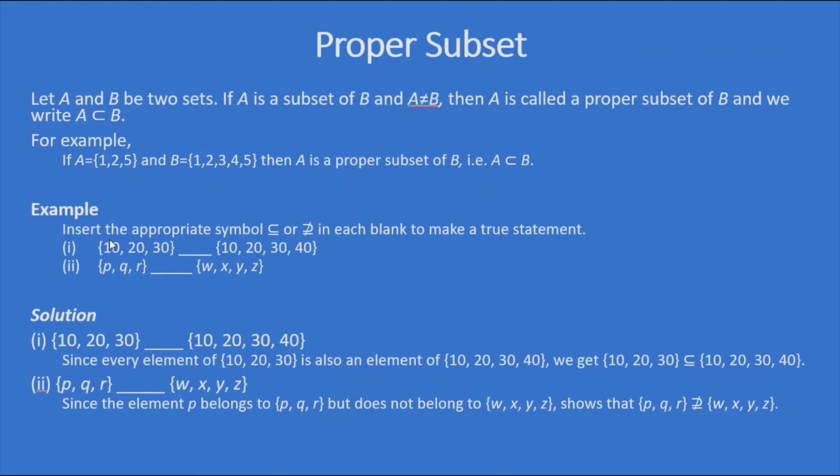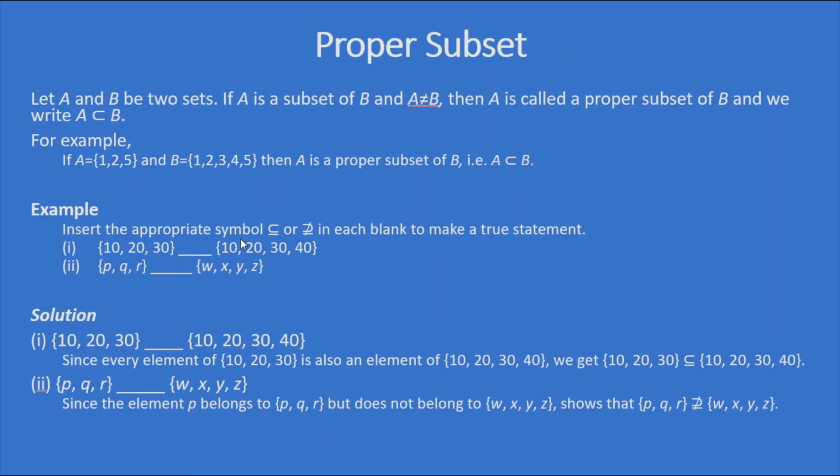For example, insert the appropriate symbol, subset of or not a subset of, in each blank to make a true statement. Here two questions are given. The first one is {10, 20, 30} and {10, 20, 30, 40}. Is this a subset or not a subset? 10, 20 and 30 are present in this set, so we can say this is a subset.